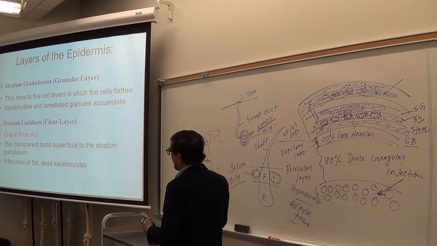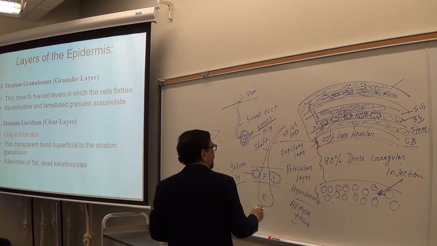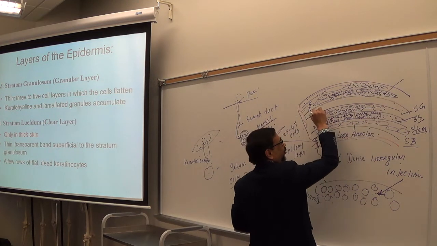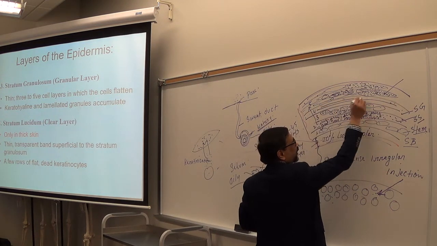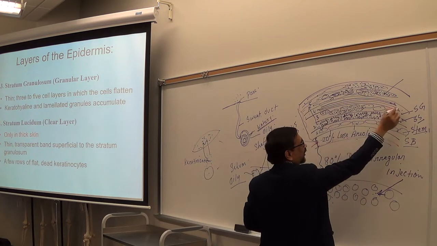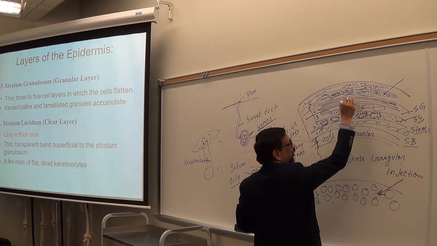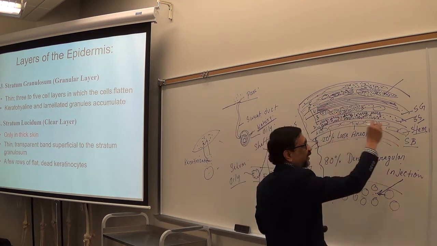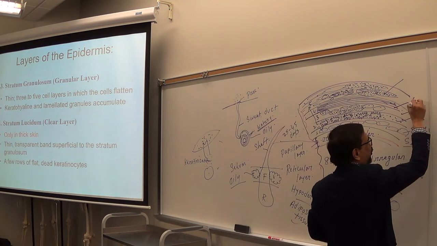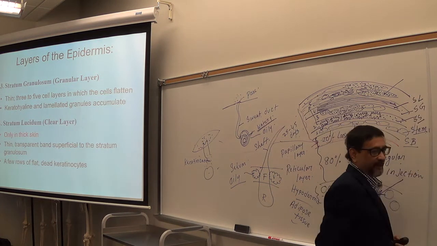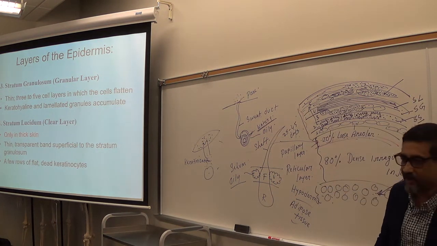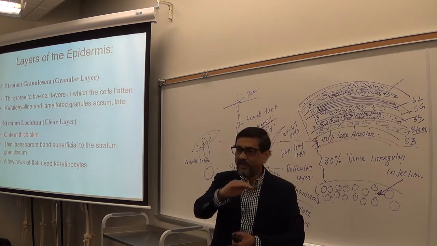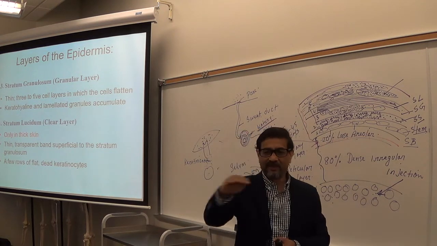Next layer is stratum lucidum. This layer, remember, is only present in thick skin. That's why thick skin has 5 layers, because this layer is only present in thick skin. Stratum lucidum. This layer is transparent. That means it looks like a thin glass.